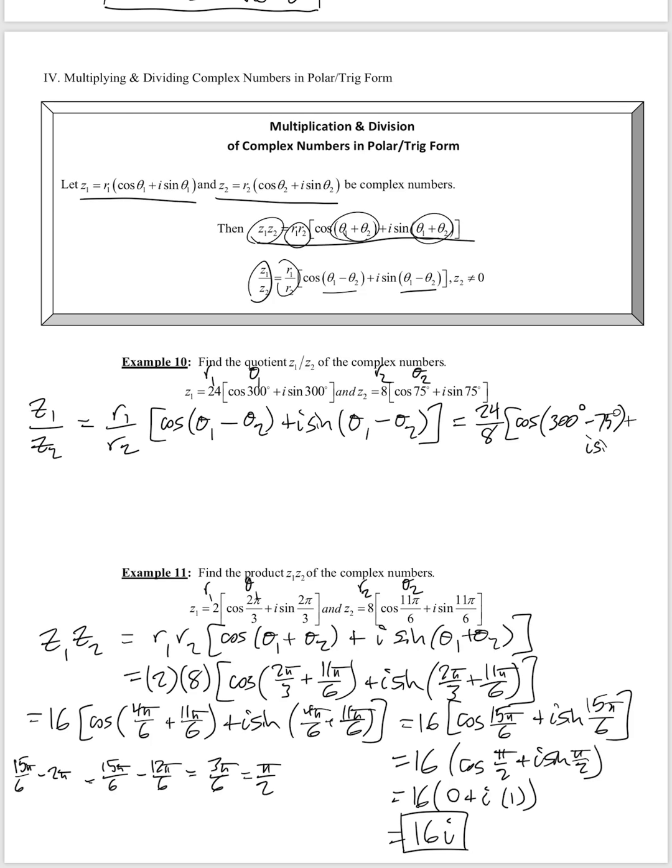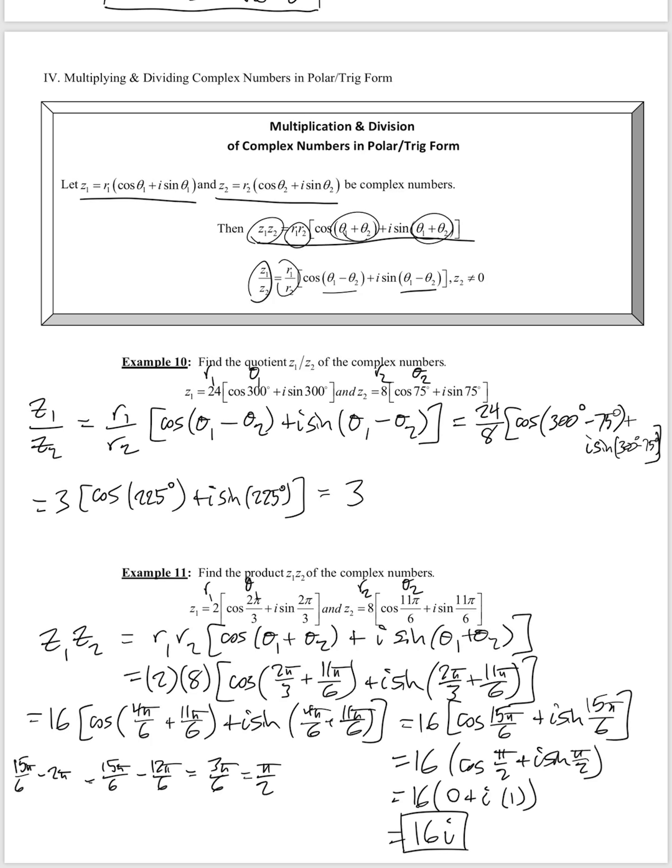Plus i times the sine of the same. Now we simplify. 24 divided by 8 is 3, times the cosine of 300 minus 75 degrees, which is 225 degrees, plus i times the sine of 225 degrees.